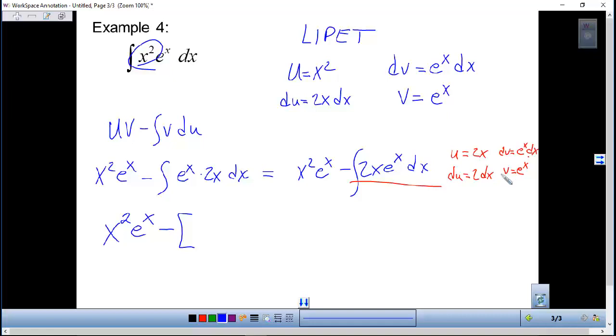So u times v, 2x e to the x, minus the integral of e to the x, times du, which is 2 dx. Now, of course, we can pull that 2 all the way out front there.